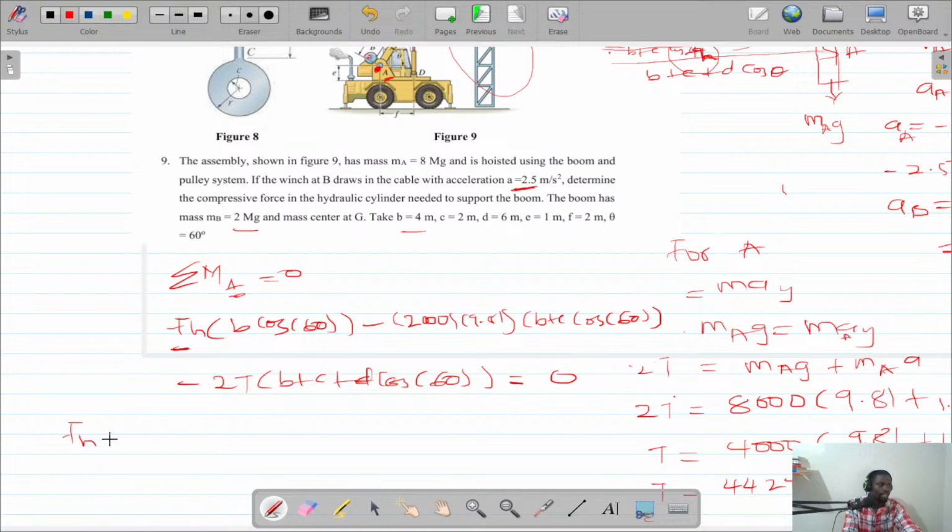So we have Fh times 2 minus 2000 times 9.81 multiplying B plus C, 6, so that would be 3, and that's giving me 5891.4, minus the t we had, 44240, so 2 times 44240 multiplying B, so 6 plus 6, 12, so that's a 6 here, equal to 0.